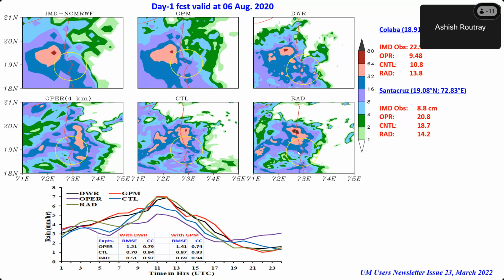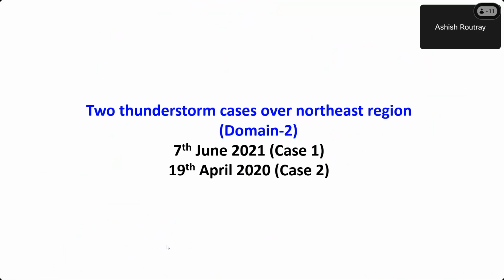In the bottom panel, the 1-hourly time series, we plot DWR, operational and GPM with the control and rad. The RMS is reduced in the rad experiment, which is good, after assimilating reflectivity and radial velocity.